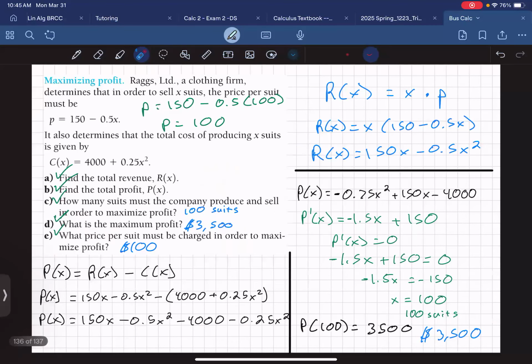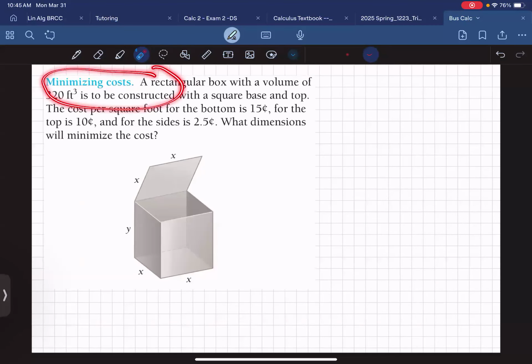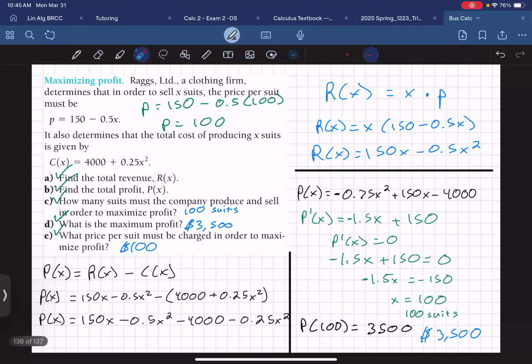We'll deal with that on Wednesday, just to have a different perspective there as well. Right now our focus is maximizing profits, but minimizing costs is definitely something else we want to look at too.